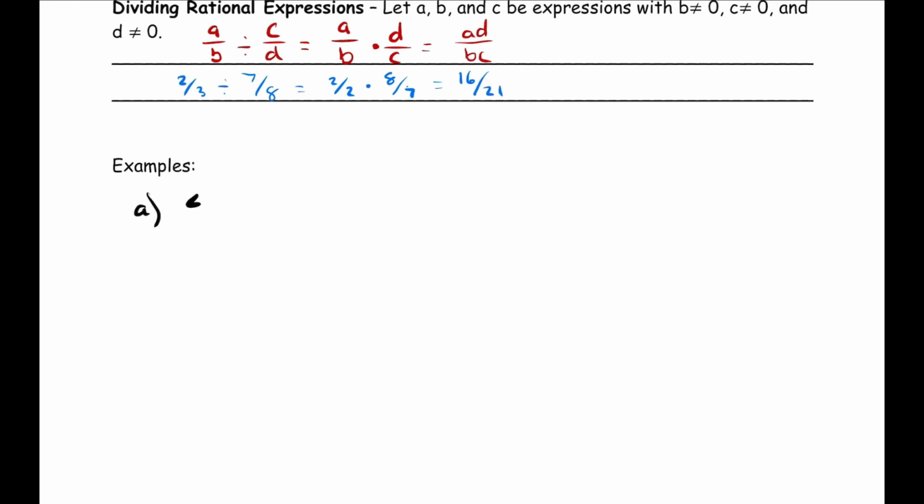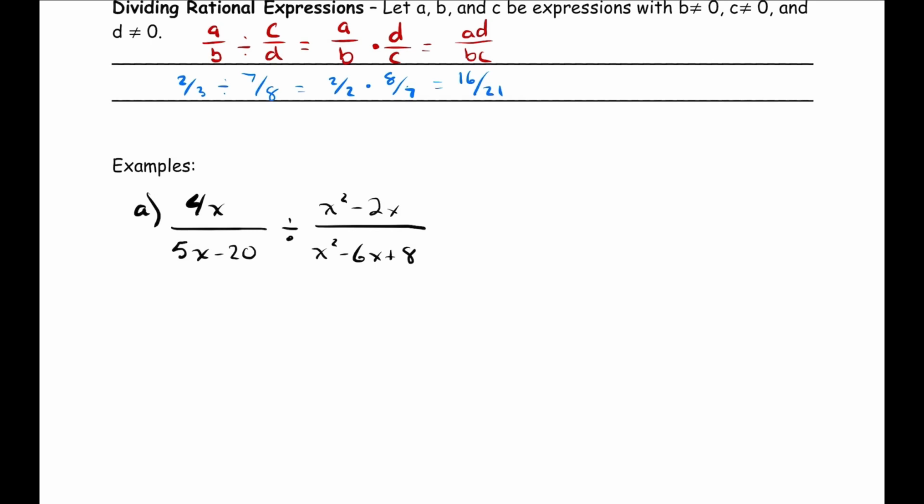So let's take 4x divided by 5x minus 20. And we're going to divide that rational expression by x squared minus 2x over x squared minus 6x plus 8. Okay, so same rules that we had before.